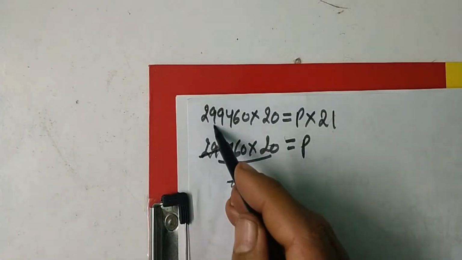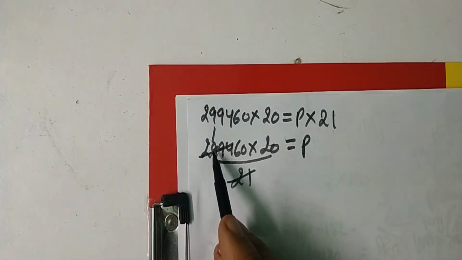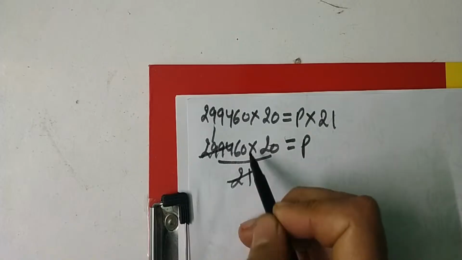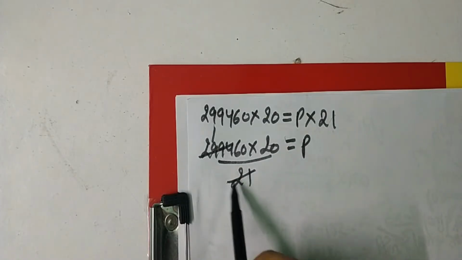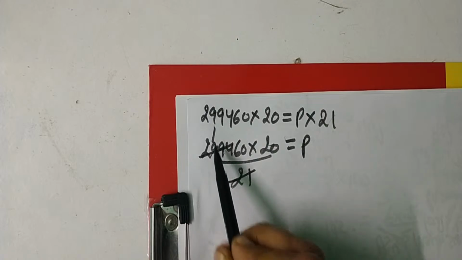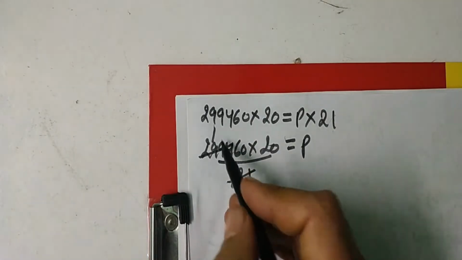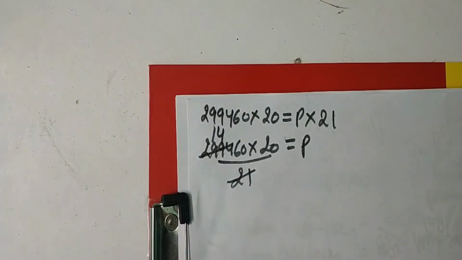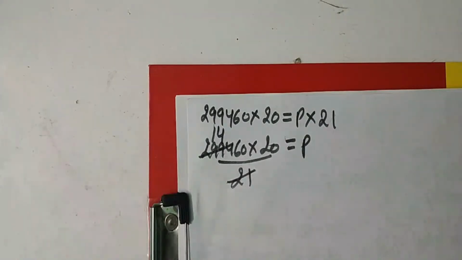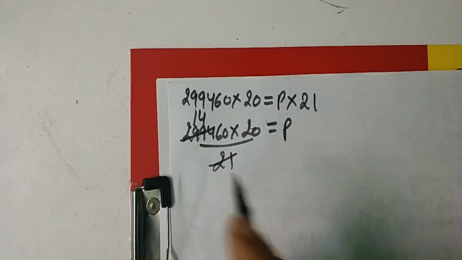How? 21 into 1, 21. 9 minus 1 will become 8, 8 and 9 become 89. 89 divided by 21 will go 4 times.